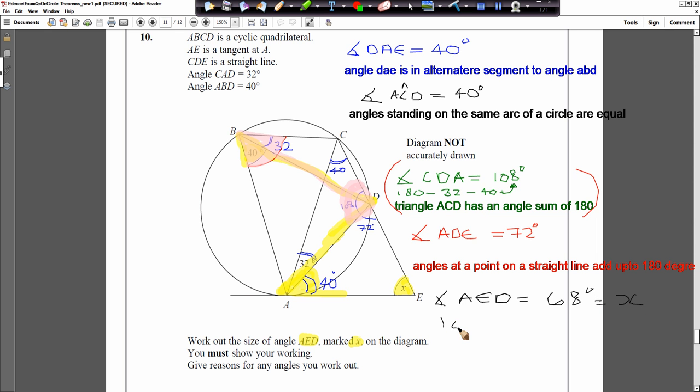Why is that? Because it's 180 degrees minus 72 minus 40. Okay, and the reason for that is nice and straightforward.